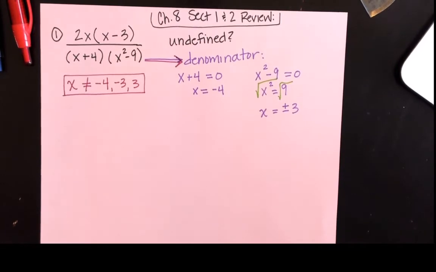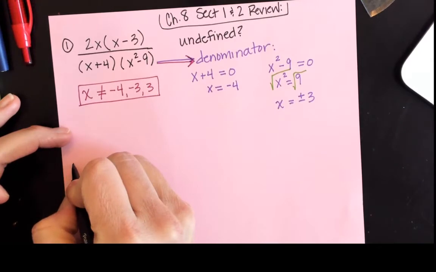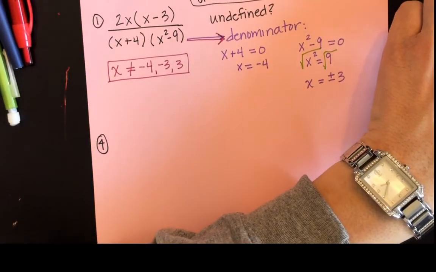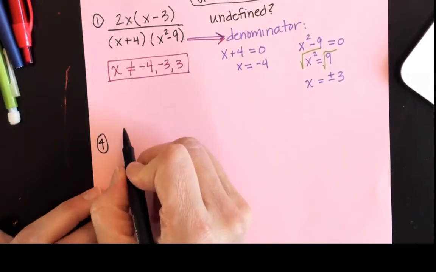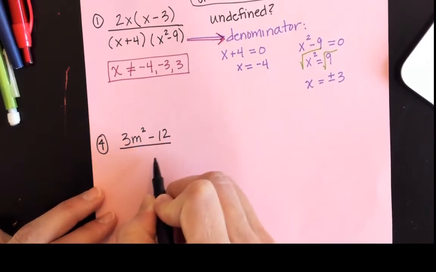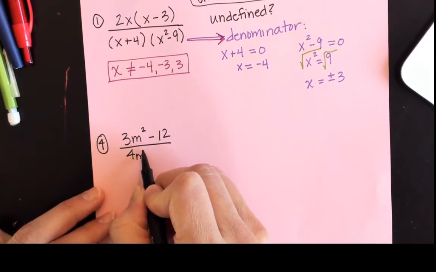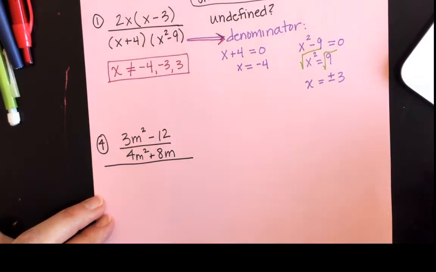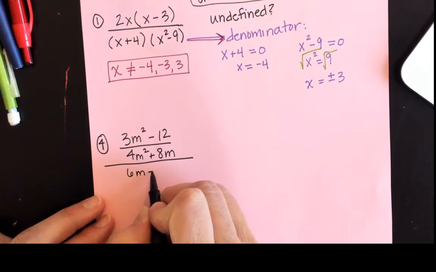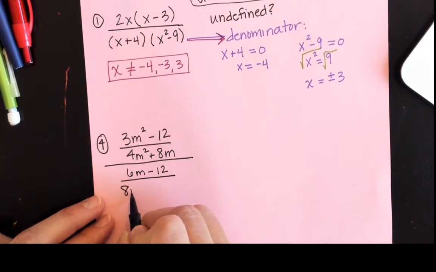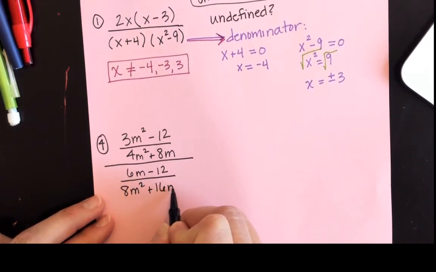All right, so let's take a look at number 4. It is, I would say, pretty daunting just to look at. I'm going to rewrite the whole thing as it is. So we have 3m squared minus 12 over 4m squared plus 8m, and 6m minus 12 over 8m squared plus 16m.